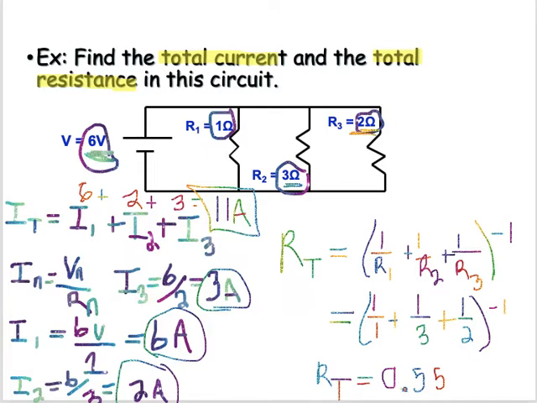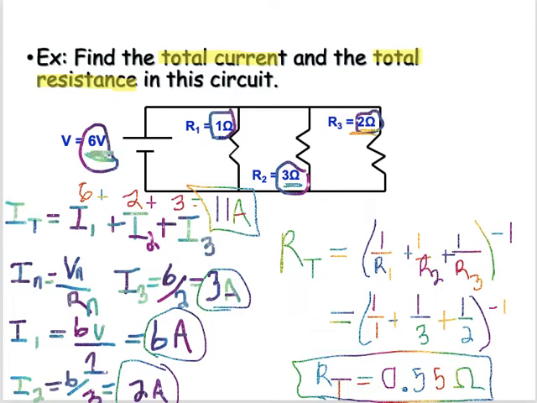Make sure you can see that decimal there. Ohms. Now, remember conceptually what we said about total resistance is that your total resistance has to be less than each of your resistors. So our first resistor was 1, it's less. 3, it's less. 2, it's less. See, the total resistance should be a smaller number than any of the resistors you have on your parallel circuit.